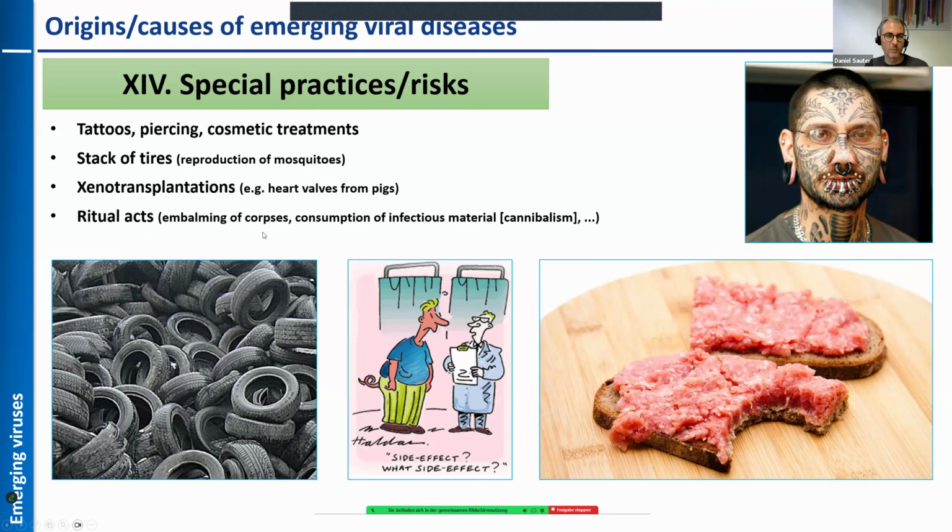Some embalming procedures may facilitate the spread of Ebola viruses in certain regions. So as I said, lots of different things, but just keep this in mind when thinking about factors that facilitate the spread of newly emerging viruses.